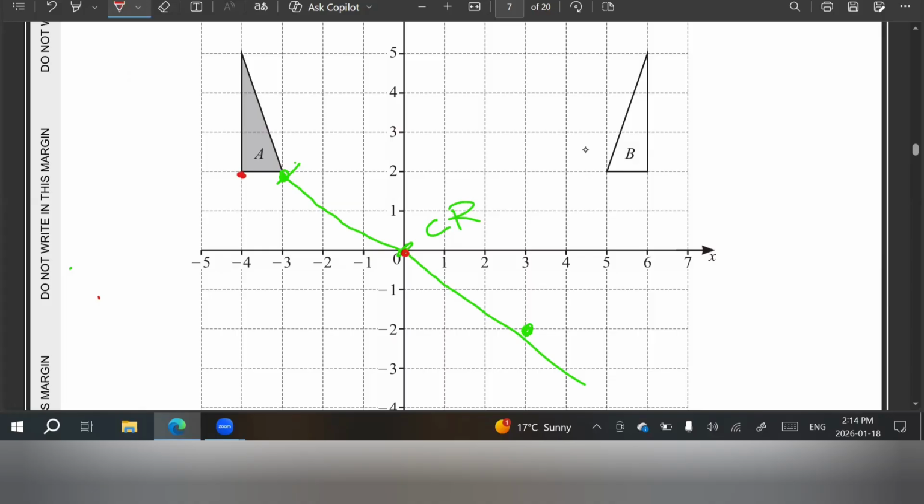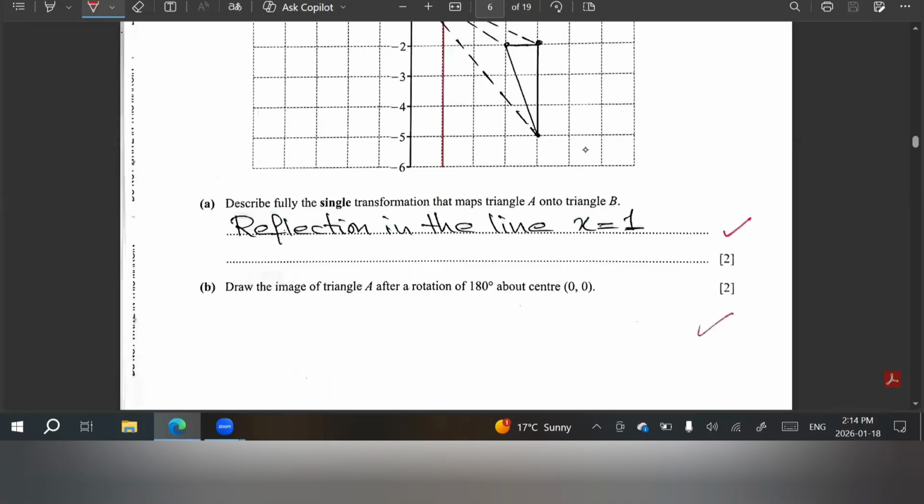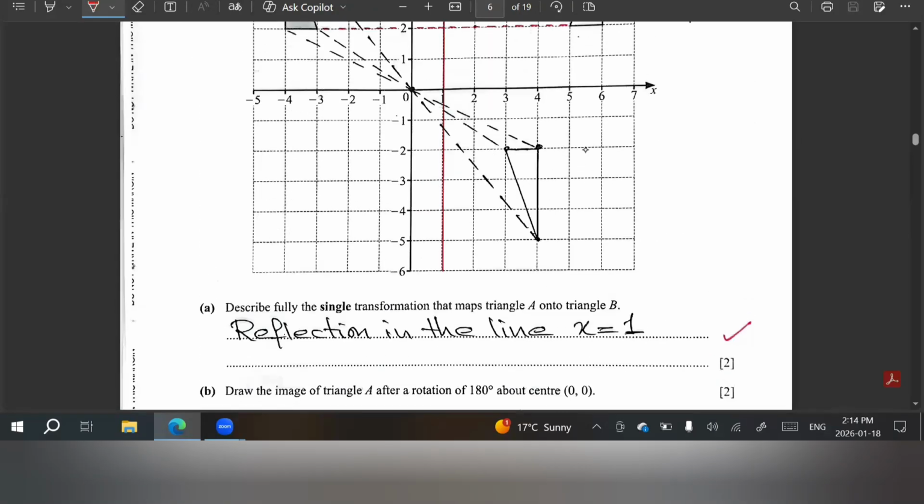Check what is the distance here. Whatever is this red color distance, same distance you take on the other side, and you can mark that point here. I have drawn this already. I can show you that.